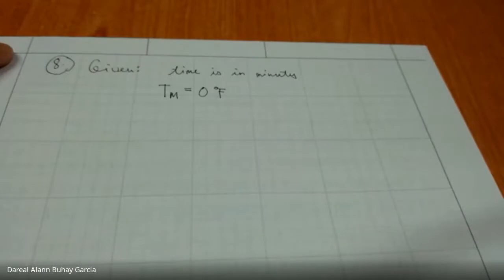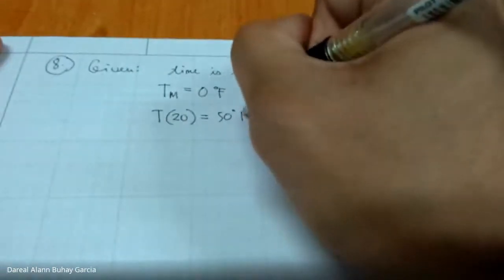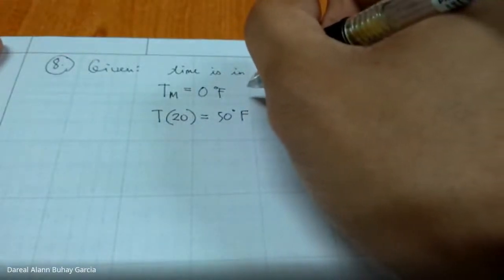After 20 minutes, meaning the T at 20 minutes is 50 degrees. So meaning T at 0 is 100 degrees Fahrenheit. So given is tanan.